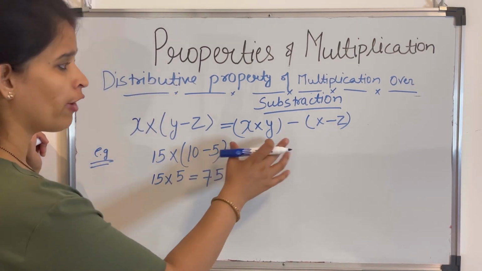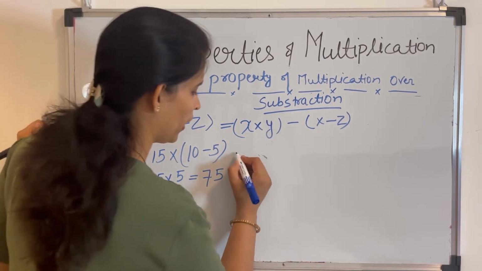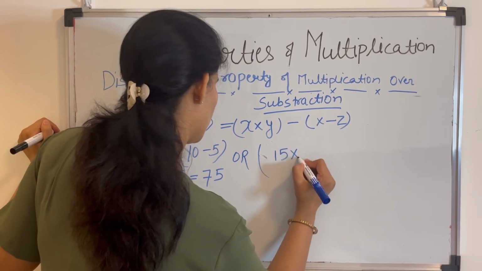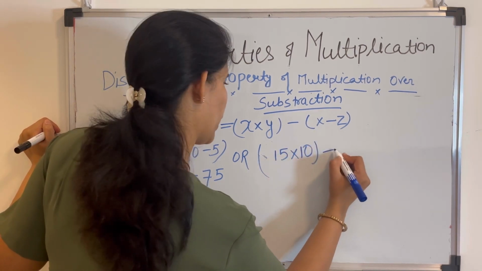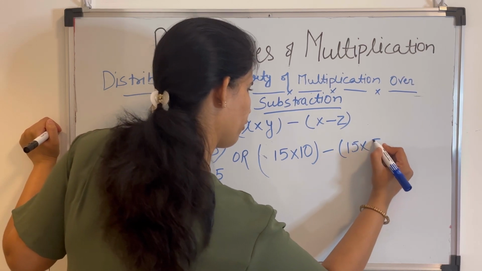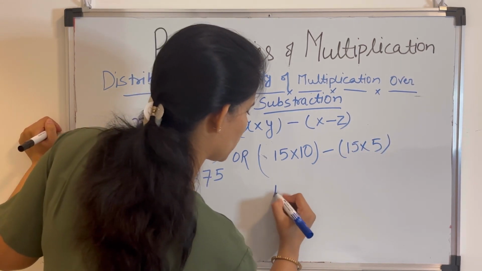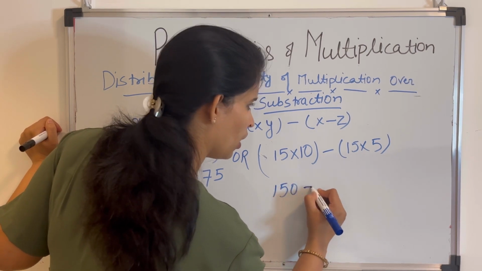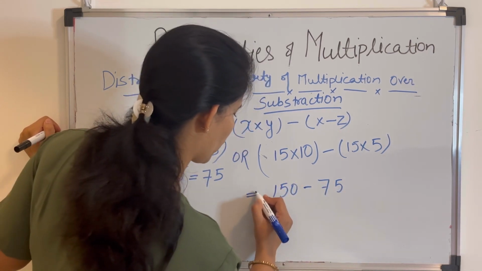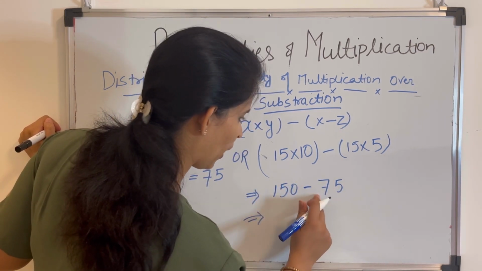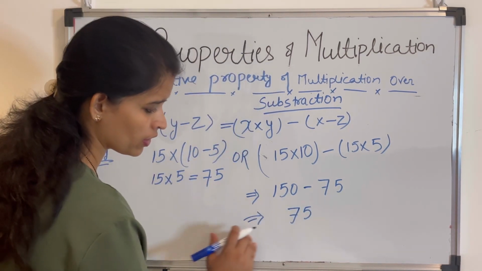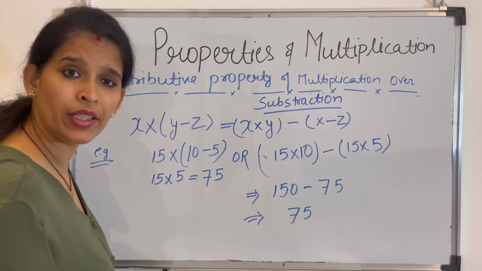Now if I use the distributive property, 15 multiplied by 10 minus 15 multiplied by 5. This means 150, and 15 fives are 75. If I subtract 150 minus 75, the solution will be 75. So you can see that the result is the same, but only the method has changed.